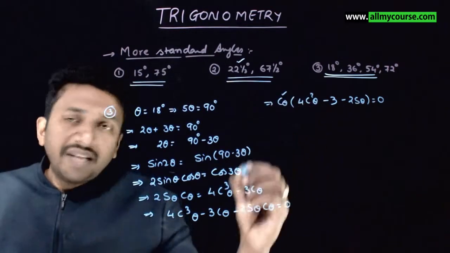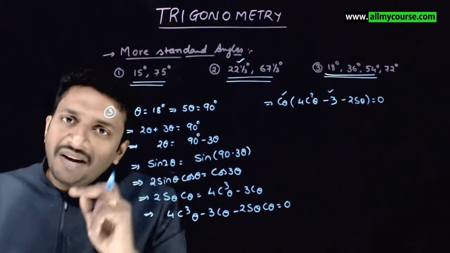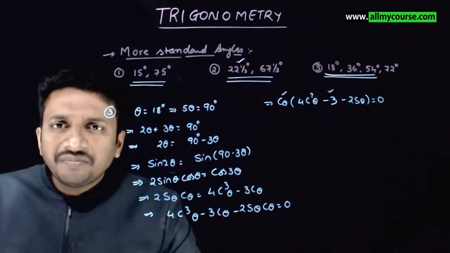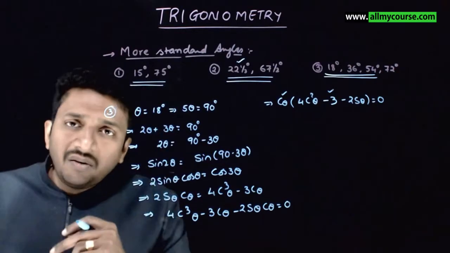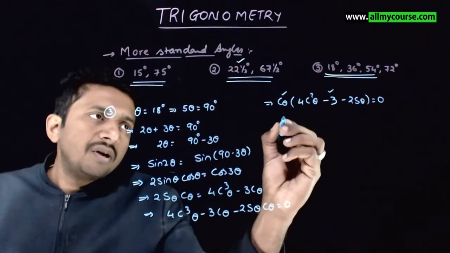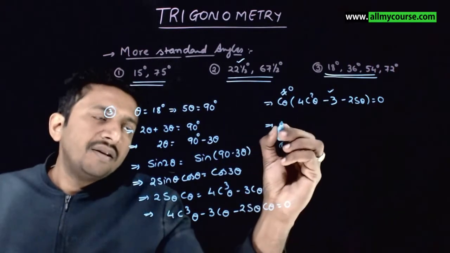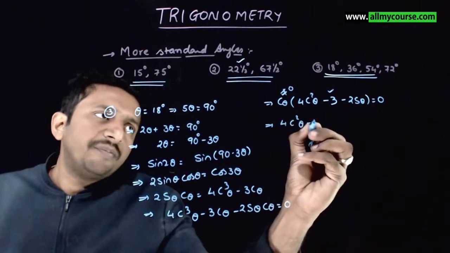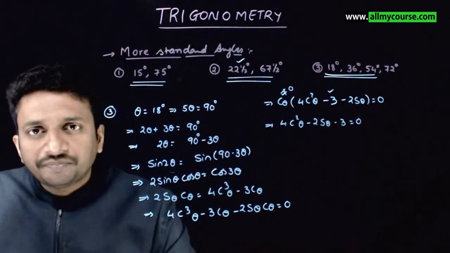So either cos theta is equal to 0 or this factor is equal to 0. Because theta is equal to 18 degrees, cos theta is not equal to 0, because cos 90 is 0. Cos will not be equal to 0 for 18 degrees. So cos theta is not equal to 0 implies 4 cos square theta minus 2 sin theta minus 3 has to be equal to 0.